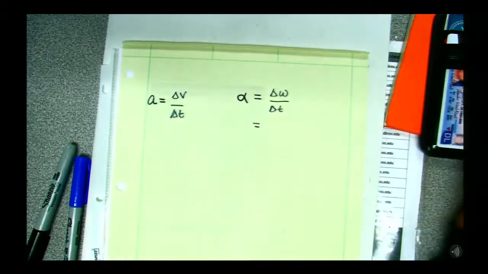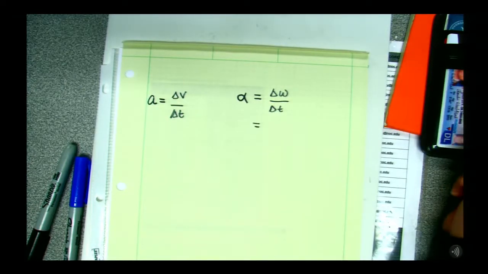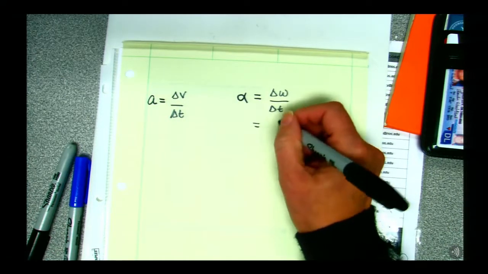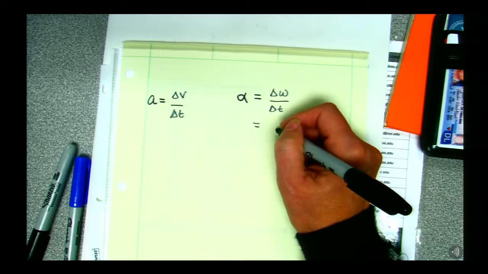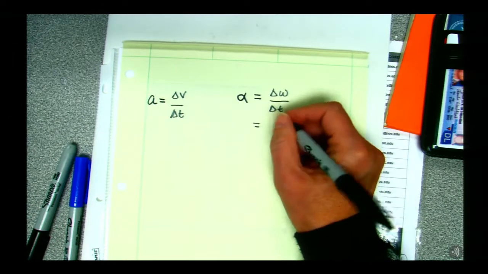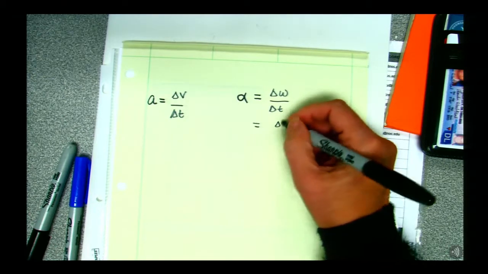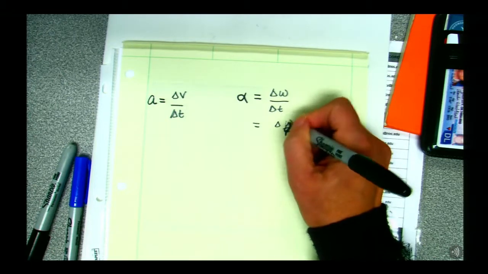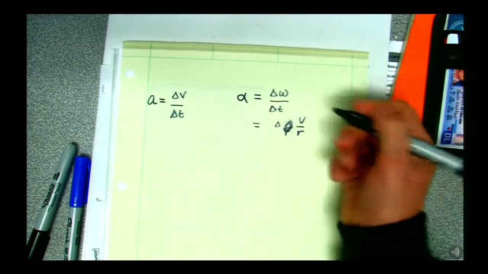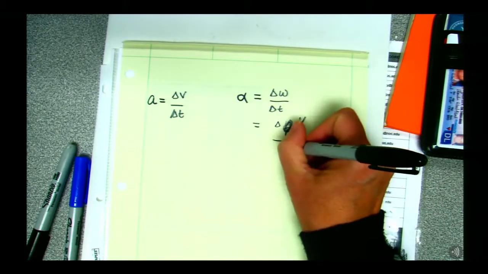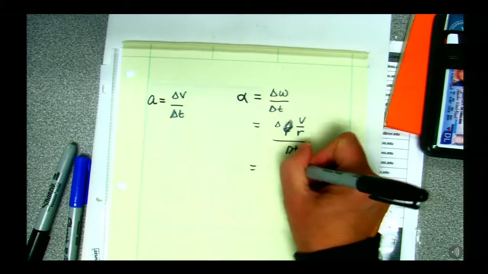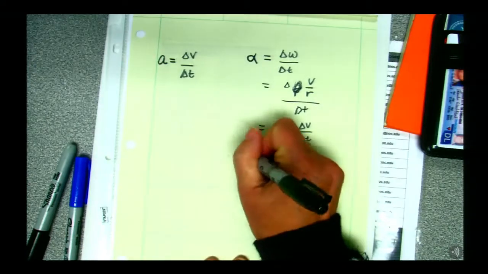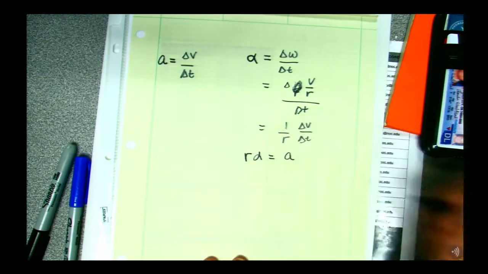We can also convert back. Omega is V over R, with respect to change in time. So I get a change in velocity with respect to a change in time, times 1 over R. So R alpha is going to equal acceleration. We can convert back and forth for that one as well.